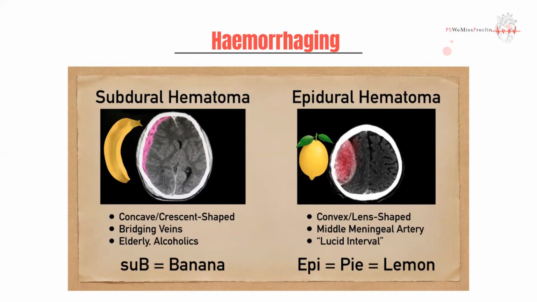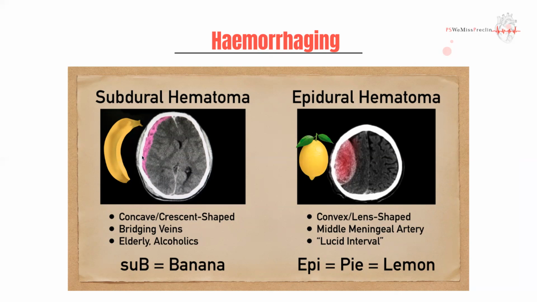And here's a good differentiating table between a subdural hematoma and an epidural hematoma. I like to think of it as a blue banana and a red lemon, although that probably doesn't help.